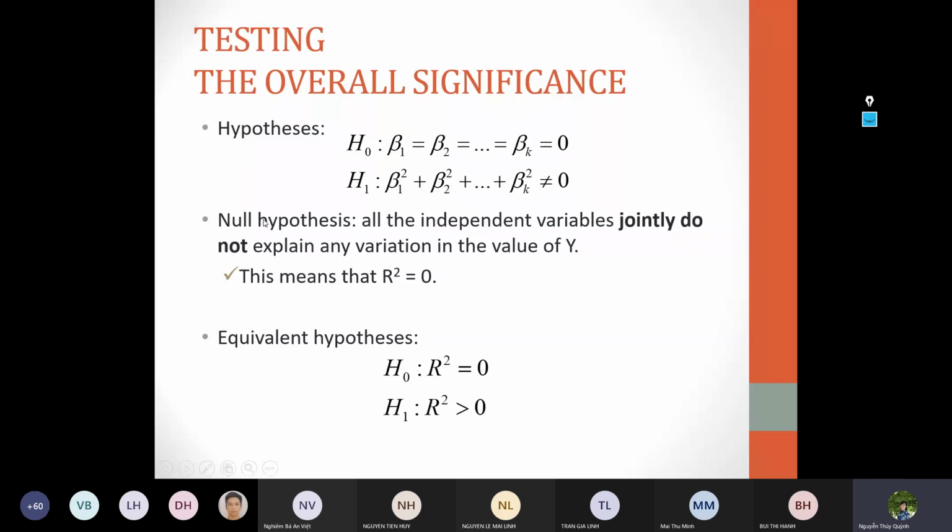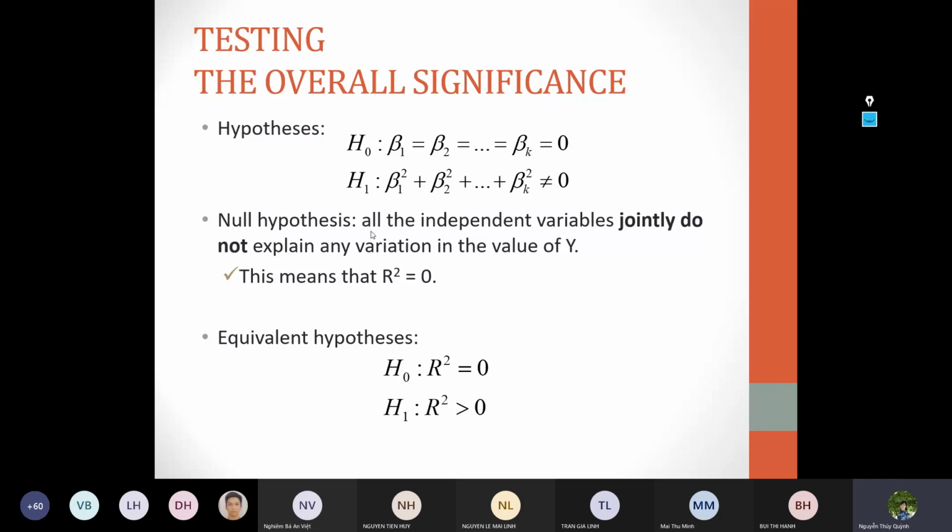This is the hypothesis for the overall significance test, and the null hypothesis, as you see, is that all the regression coefficients are simultaneously equal to zero, which means that all the independent variables jointly do not explain any variation in the value of the dependent variable y.